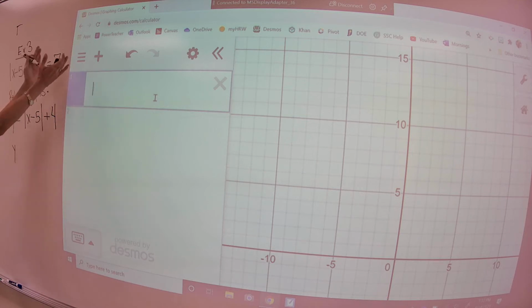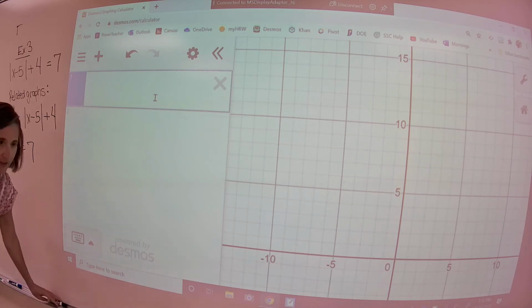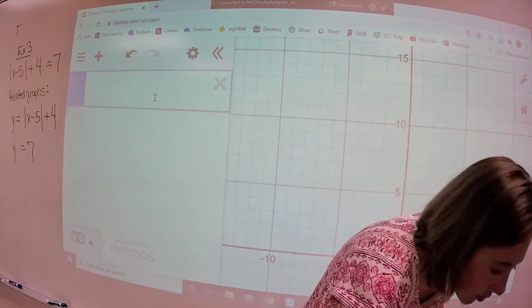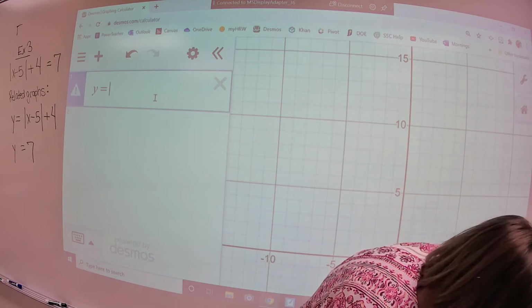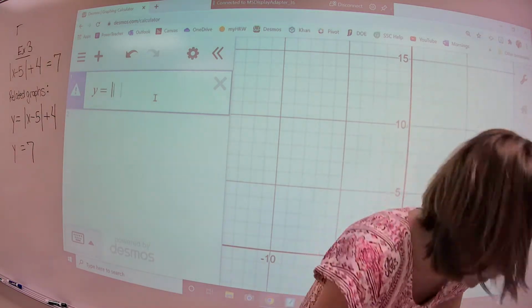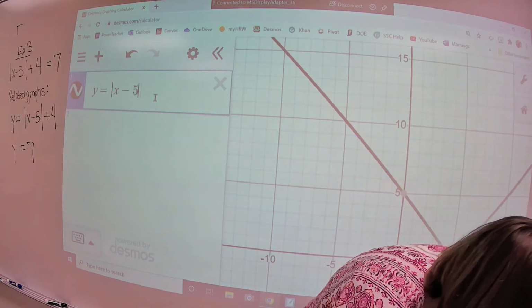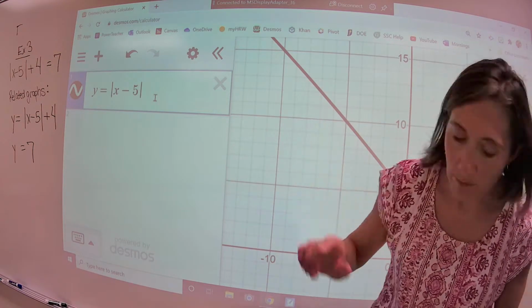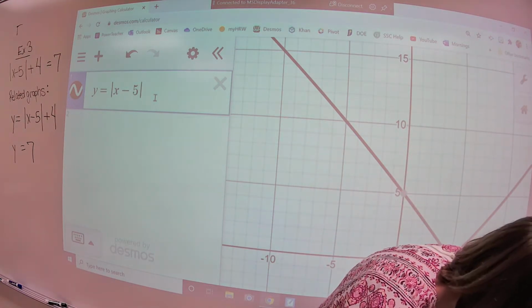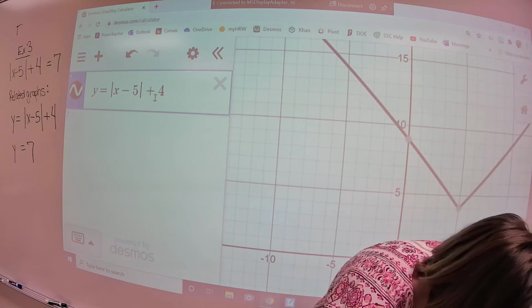And then we'll also take the right side and set it equal to y. We want that answer to come out to be 7. So let's graph this on Desmos. So y equals the absolute value of x minus 5. Close that absolute value, and then we have to add 4. That's still on the left side of our equation.